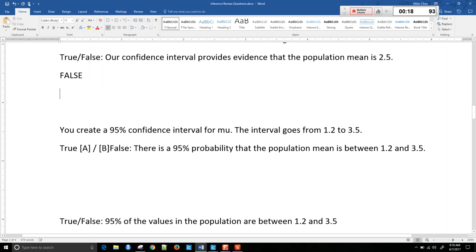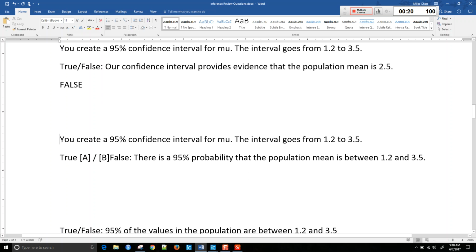The interval goes from 1.2 to 3.5. True or false? 95% probability that the population mean is between 1.2 and 3.5. Okay, I'm gonna go ahead and click stop here, just to get your clicks in.